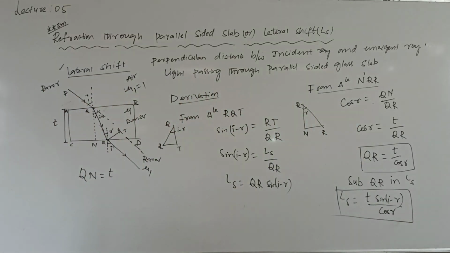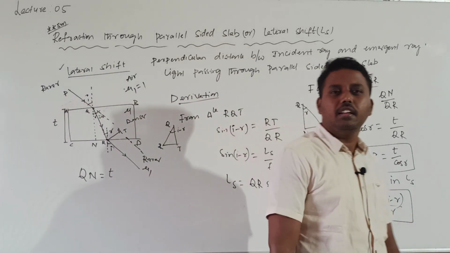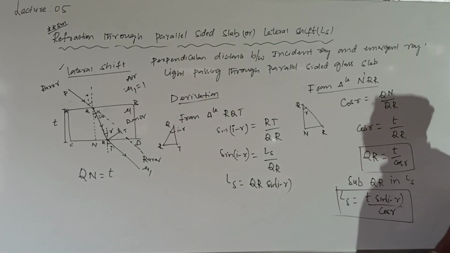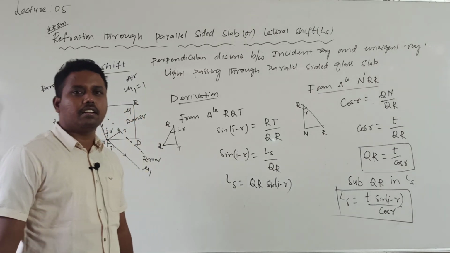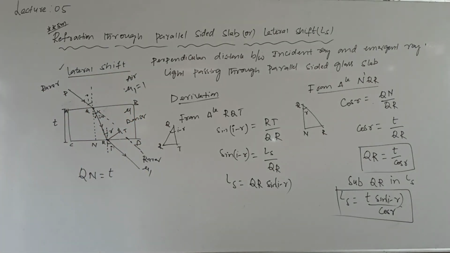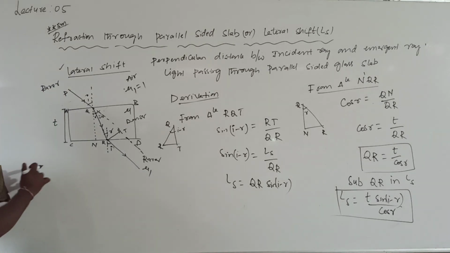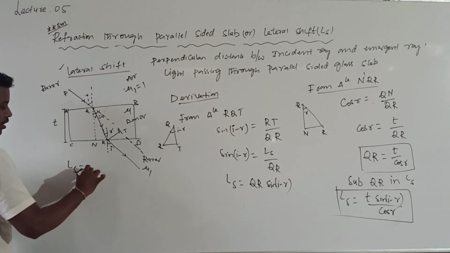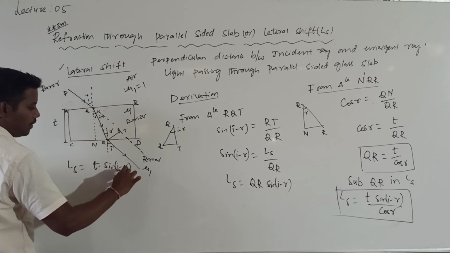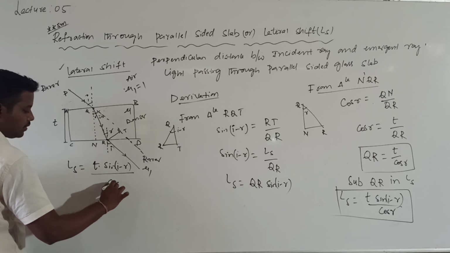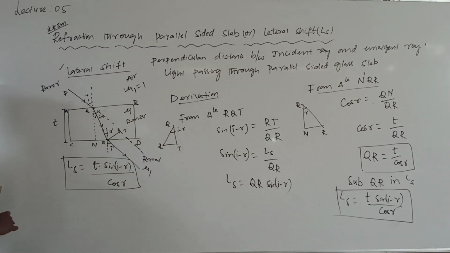That is the expression for the lateral shift. LS is equal to t into sin(i minus r) divided by cos r. Are you getting it? So lateral shift LS is equal to t sin(i minus r) divided by cos r. This is the expression for the lateral shift.